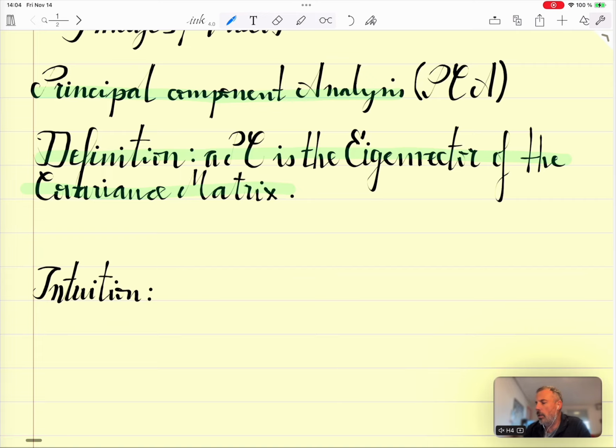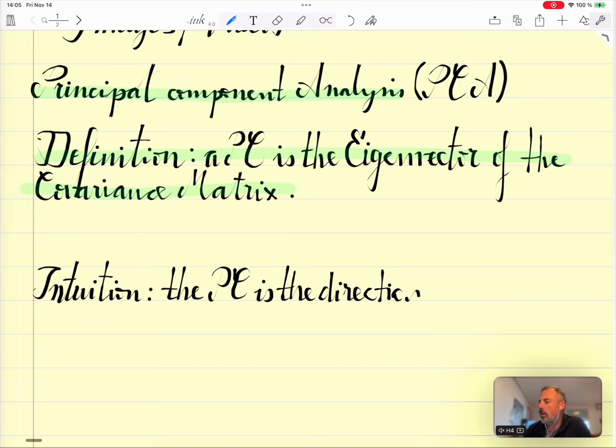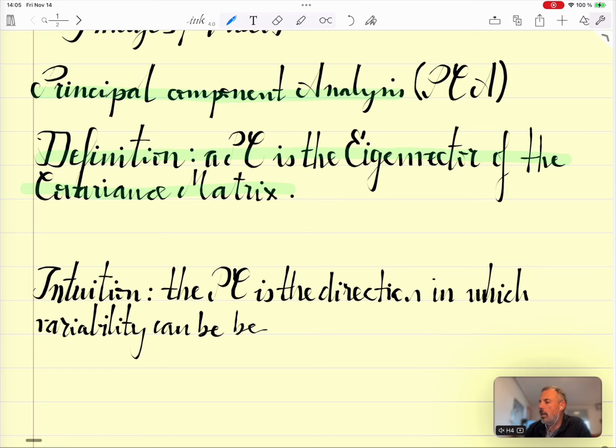The intuition is: the principal component is the direction in which variability can be best explained.